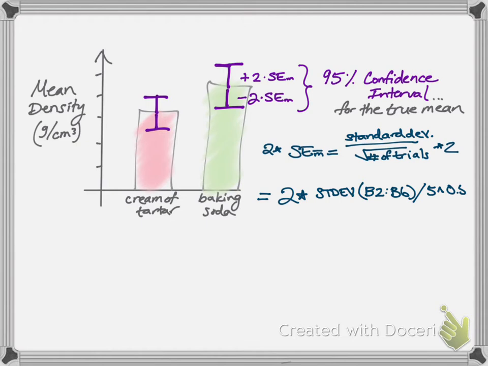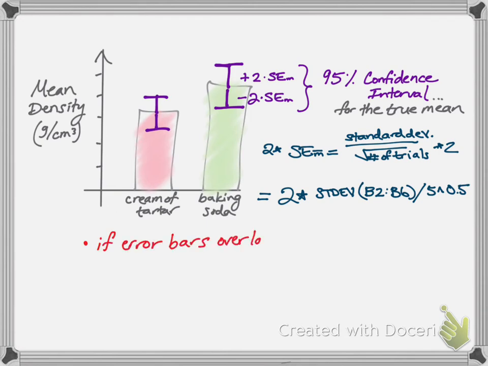In parentheses, put in the range of cells, and I'm assuming that your data is in cells B2 through B6, and then you can see that I've divided by the square root of 5. So 5 to the power of 0.5. And so that's what I'm going to assume that you're going to do, and that will give you the plus or minus value to enter into the custom error bar window in Google Sheets.